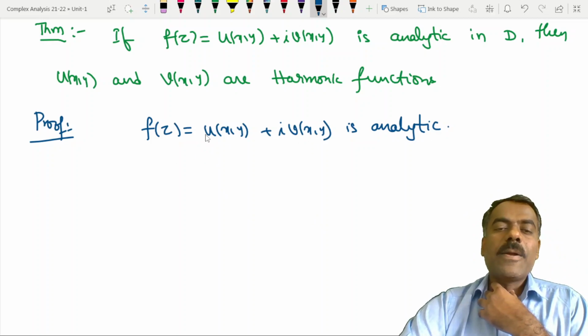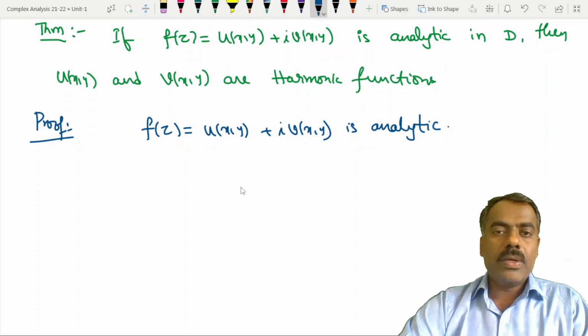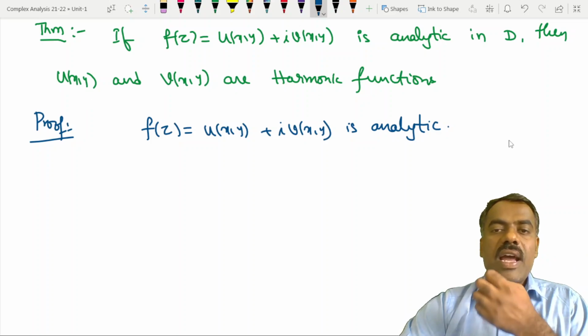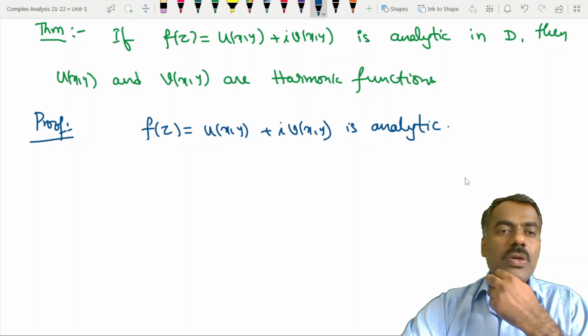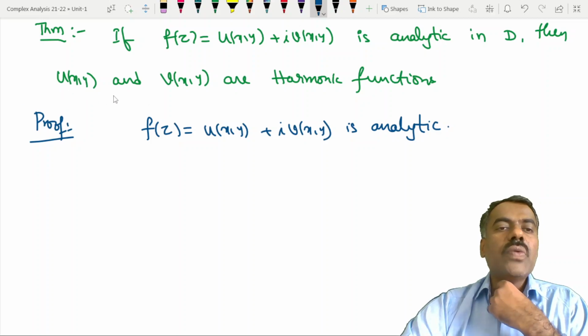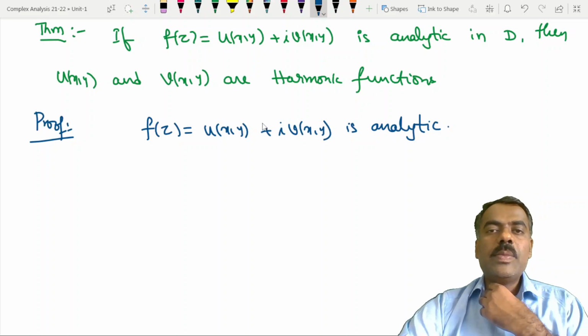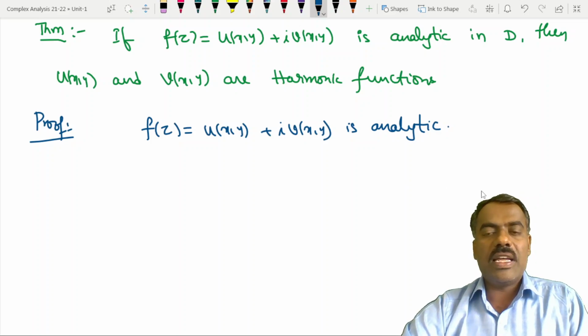Therefore the partial derivatives exist, and they are continuous. If we want to show that u and v are harmonic functions, we want to show that uxx plus uyy equal to 0. Similarly, vxx plus vyy equal to 0.